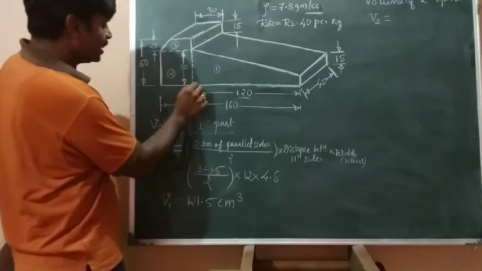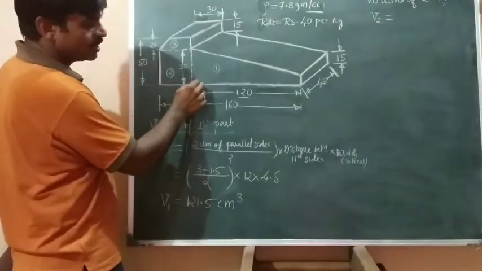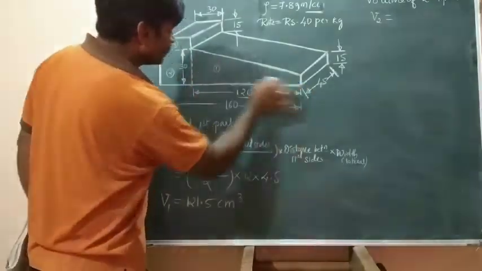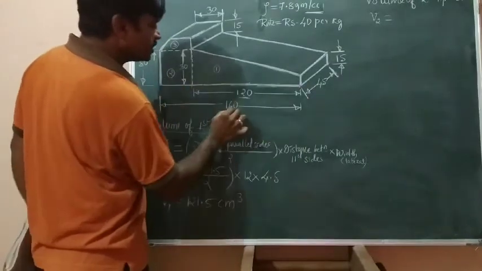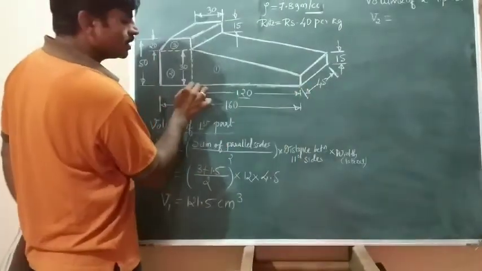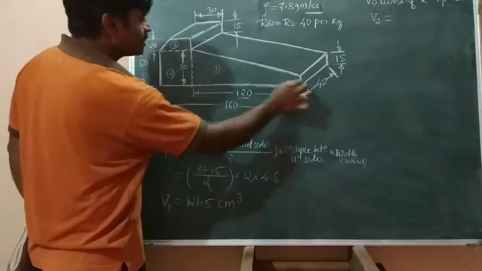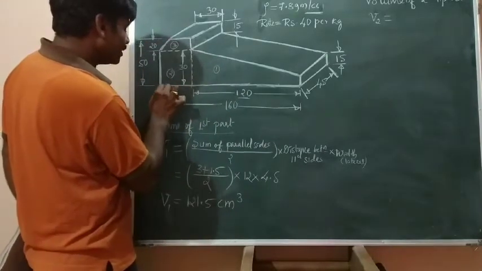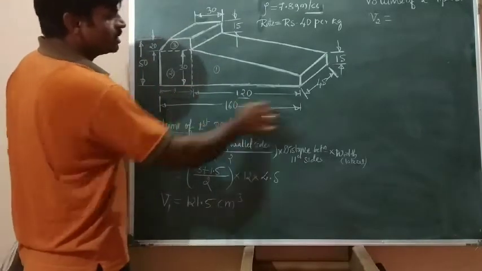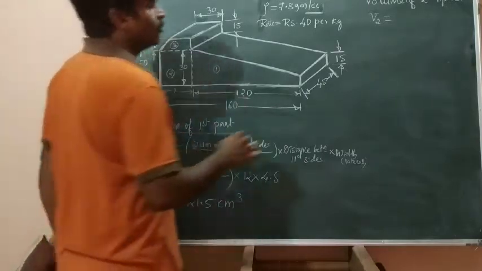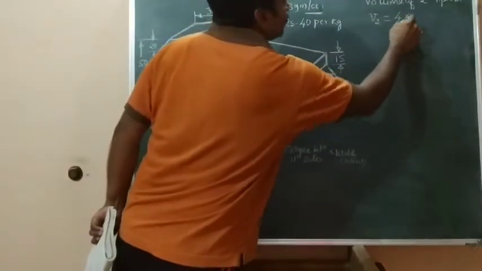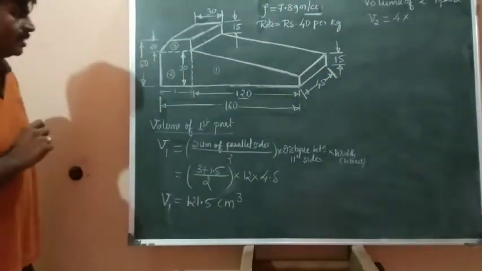What is the length here? This is not given, but the total length is given. From here to here it is 160, and from here to here it is 120. So 160 minus 120 gives this length, that is 40. So I can write 4 centimeter as the length here.